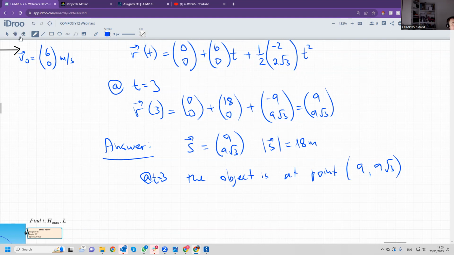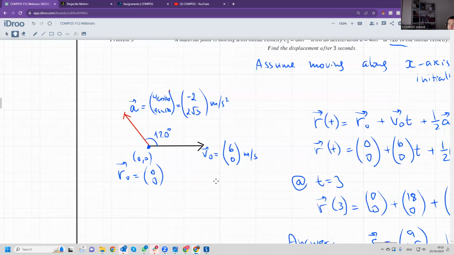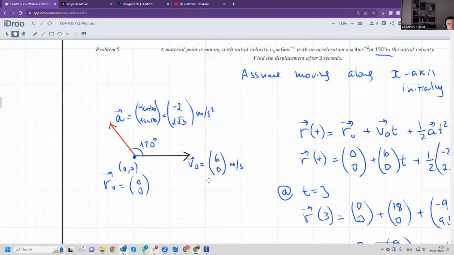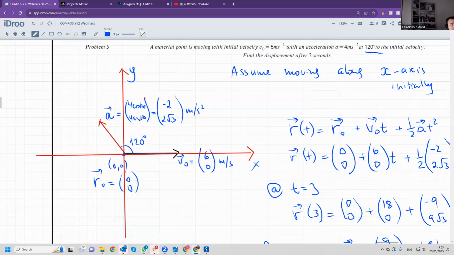How do you find the components of the acceleration? Yes, I resolved the vectors. We did this in the previous assignment. So this is the x-axis and this is the y-axis, and the formula for resolving vectors is: the modulus is 4, so 4 cos 120 and 4 sine 120.